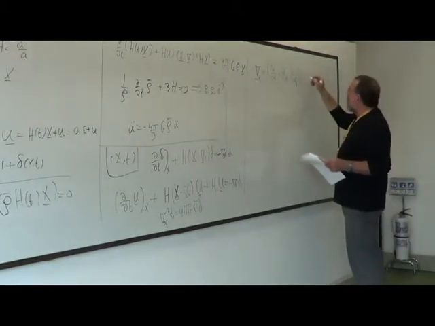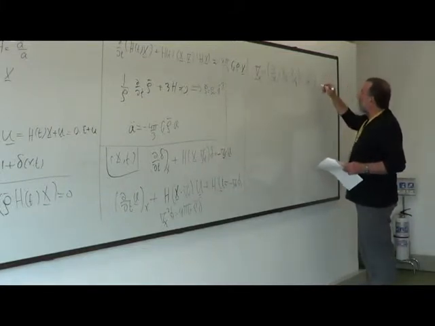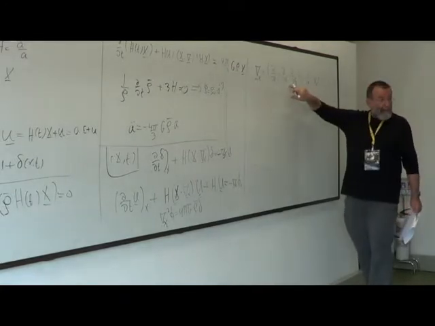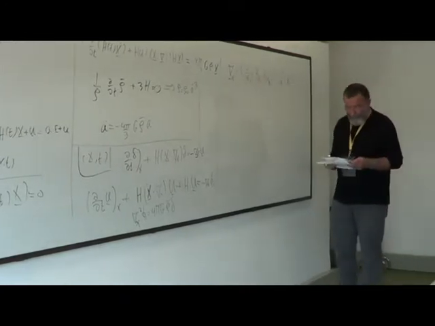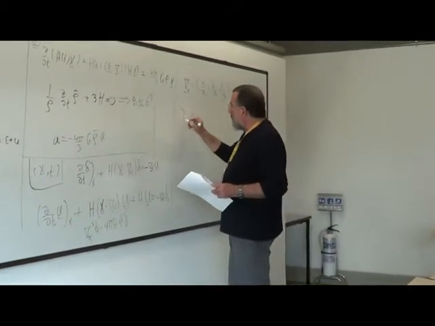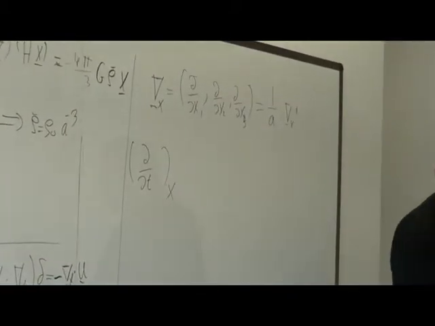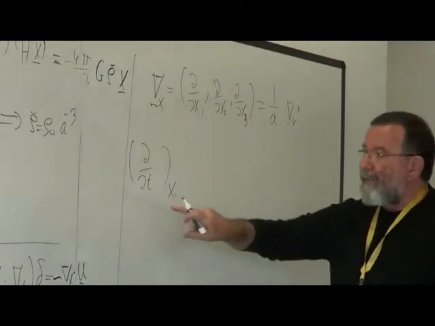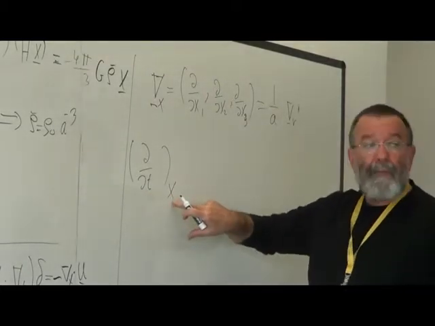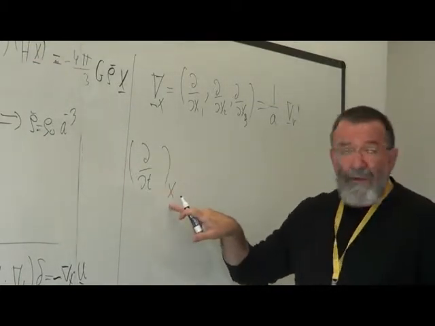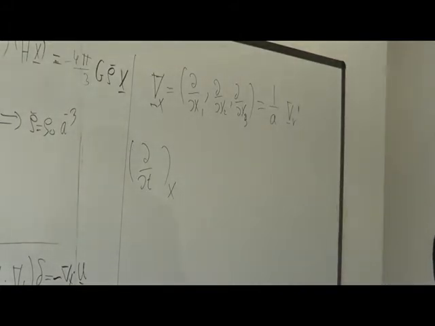It equals 1 over a times the gradient with respect to r, because x equals a r. So it's easy to see. A bit more tricky is the time derivative. The time derivative is where you differentiate with respect to t and keep x constant. But the transformation from x to r involves a time-dependent quantity.